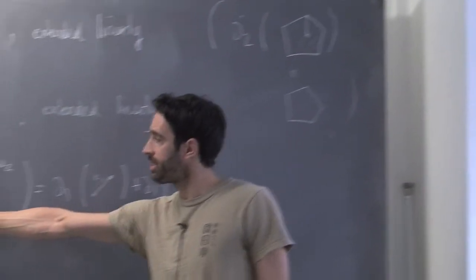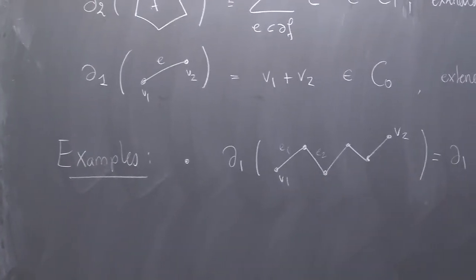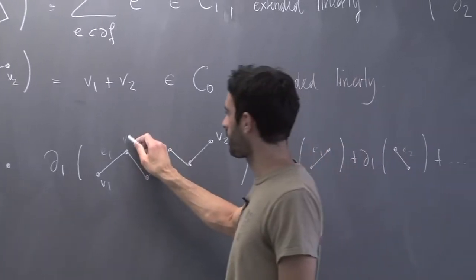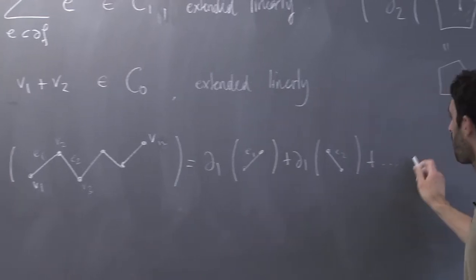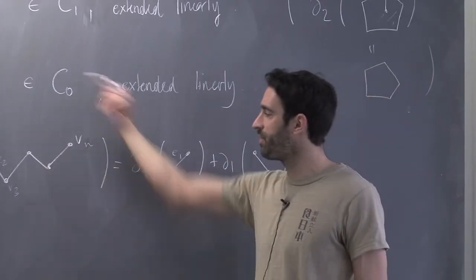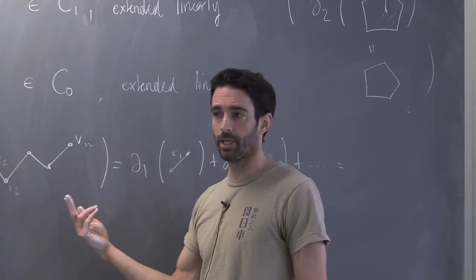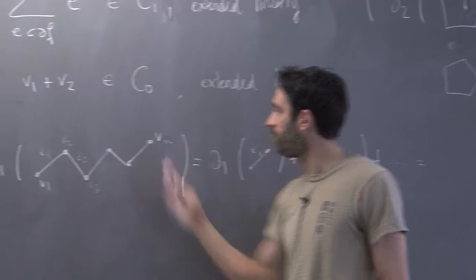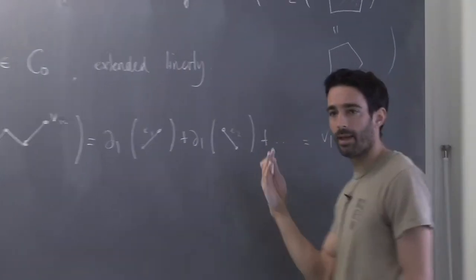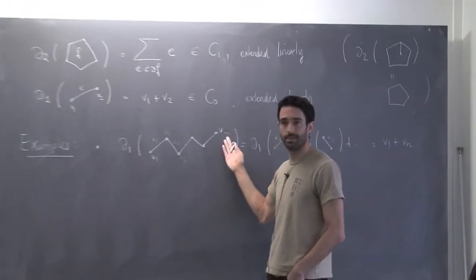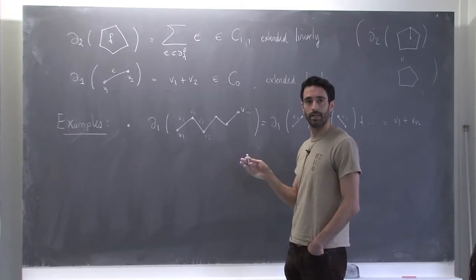So coming back to this example, let me just write V2, V3, Vn. What I will have at the end of the day is V1 plus V2 plus V2 plus V3, but we're counting things modulo 2. So all these vertices that are in the middle are going to be counted twice, so they are 0, and so you end up with only V1 plus Vn. And this is obviously what we would like geometrically to have as the boundary of this thing. And if you have oriented stuff, this is where it gets a little bit tricky.